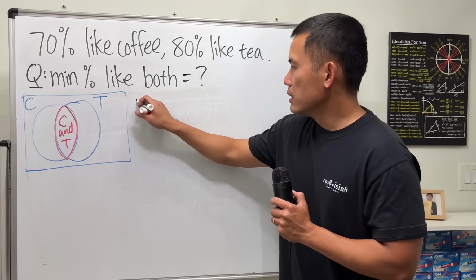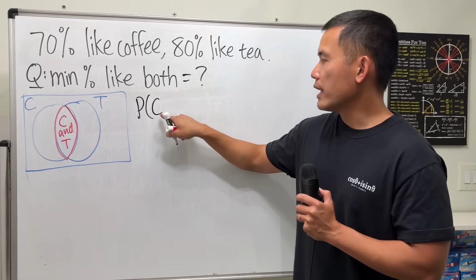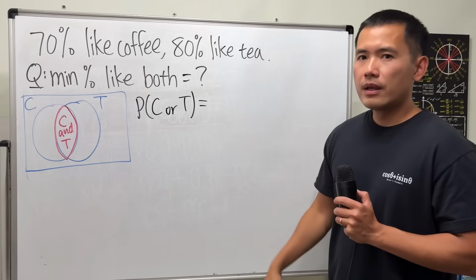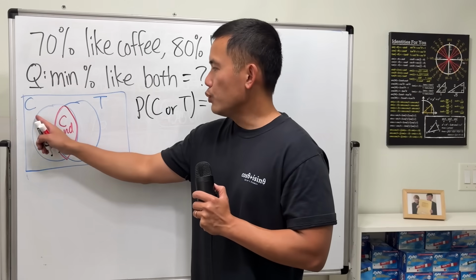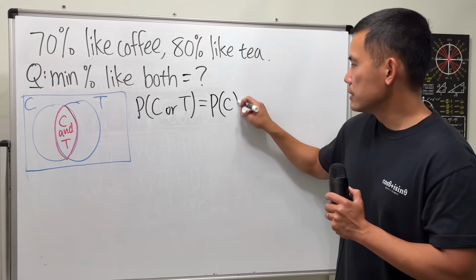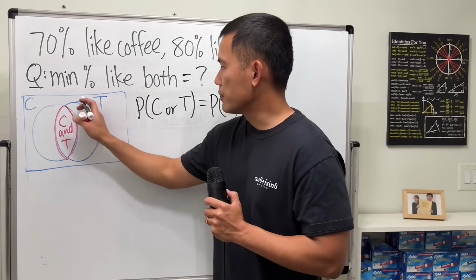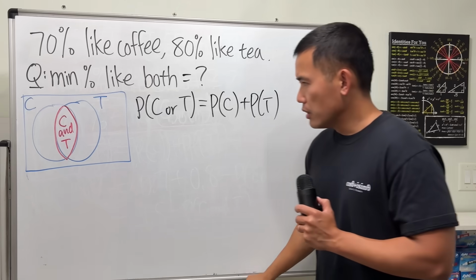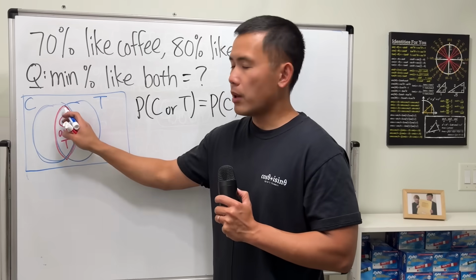Check this out. If we consider the percentage of the people who like coffee or tea, how do we come up with a formula for this? Well, first we will have to know how big this is. So that's the percentage of C. And then we are going to add that with the percentage of T. But be careful though. You see how when I did this right here, I actually included this part already.